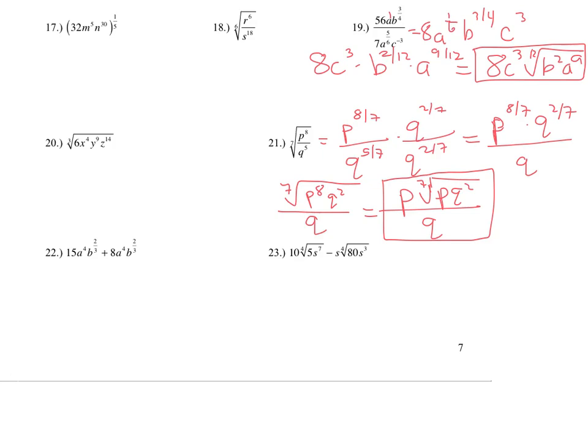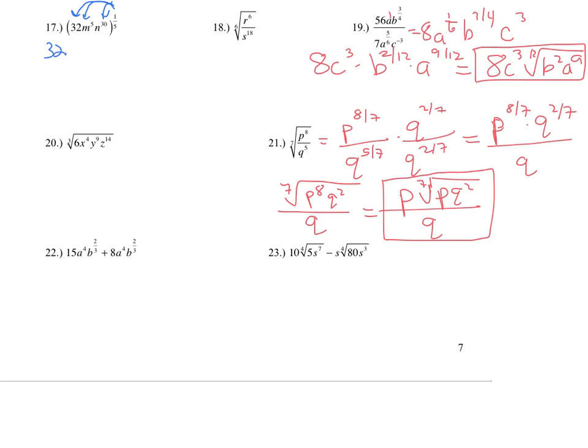Alright, so let's move on from the quotient. Let's take a look at number 17. 17 says 32m to the 5th n to the 30th, all raised to the 1/5. So I've got to distribute that 1/5 to the 32, the m, and the n.